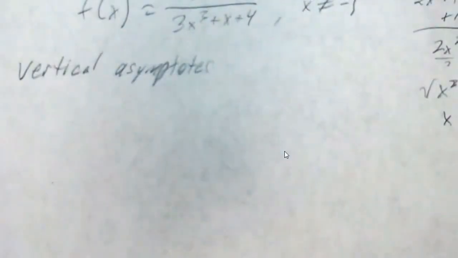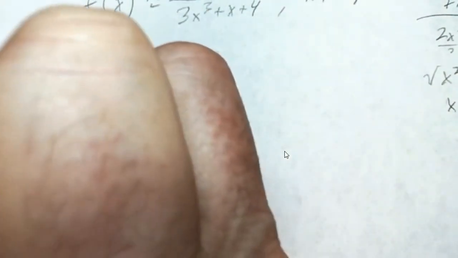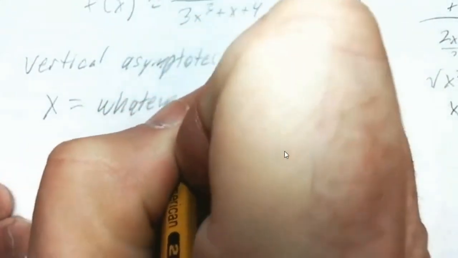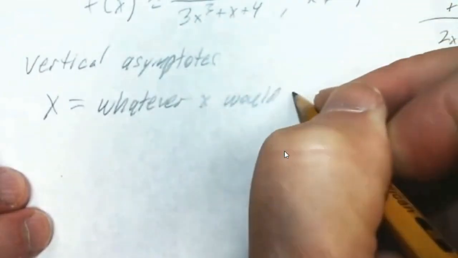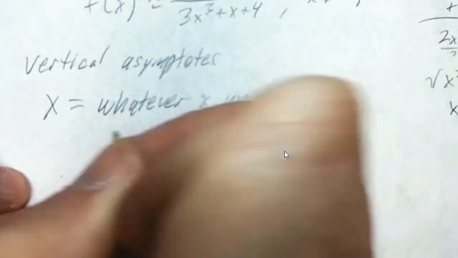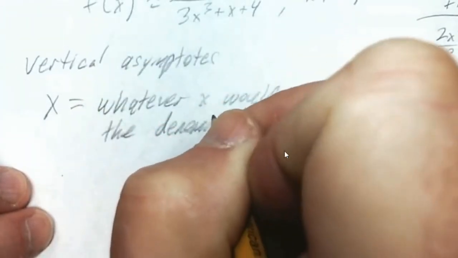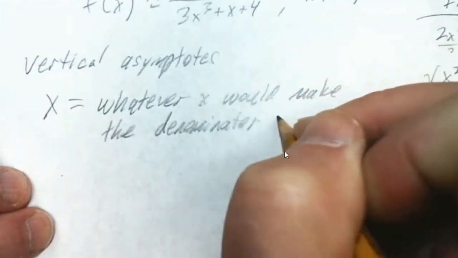So for vertical asymptotes, x equals whatever x would make the denominator equal 0.